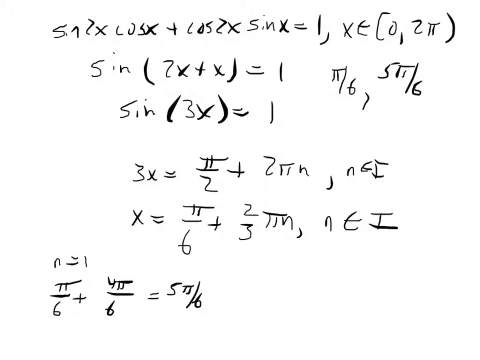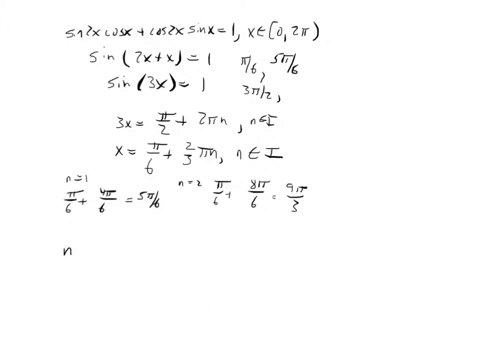How about if n equals 2? Then I'm going to get pi over 6 plus 4 pi over 3. Change that to sixths, that would be 8 pi over 6. So that would be 9 pi over 6, or 3 pi over 2. Yep, that's still between 0 and 2 pi.